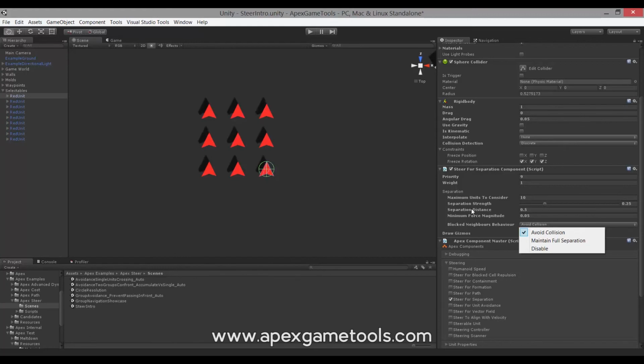So it will move very close to other group members, but it will not collide with them. Maintain full separation, well, it will just work as it does normally, even if it has blocked cell neighbors, so it will keep the full separation distance no matter what. And finally you have a disable option, which will completely disable separation if the unit has blocked cell neighbors.